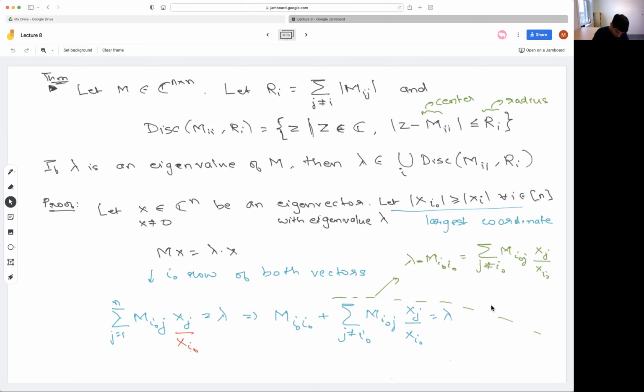And now using the so-called triangle inequality for complex numbers, which we will prove in more generality in vector spaces, but in complex numbers we know that the modulus of a plus b is less than or equal to the modulus of a plus the modulus of b, and that the modulus of a times c is equal to the modulus of a times the modulus of c.